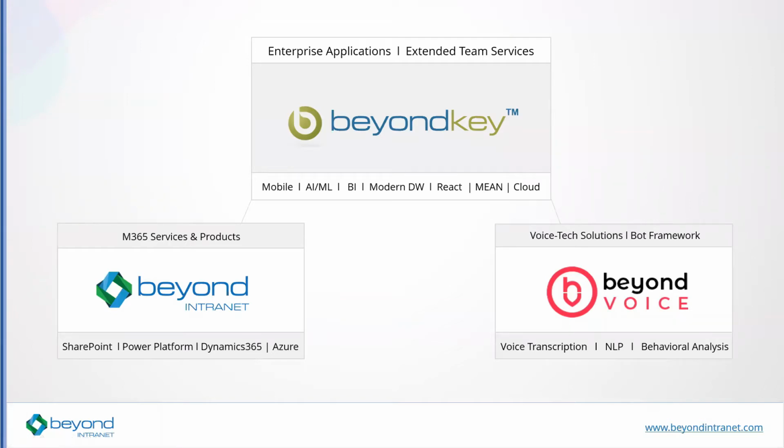The first one is Beyond Internet, and that's the reason we're talking about Beyond Internet today, because Beyond Internet includes Microsoft 365 services and products, SharePoint, Power Platform, which we're focusing on today, Dynamics 365, and Azure. The other division is Beyond Voice. Beyond Voice provides voice text solutions, bot framework, voice transcription, NLP, and behavioral analysis.